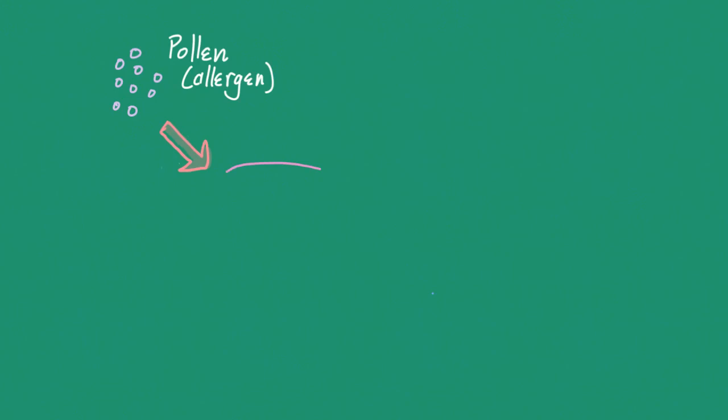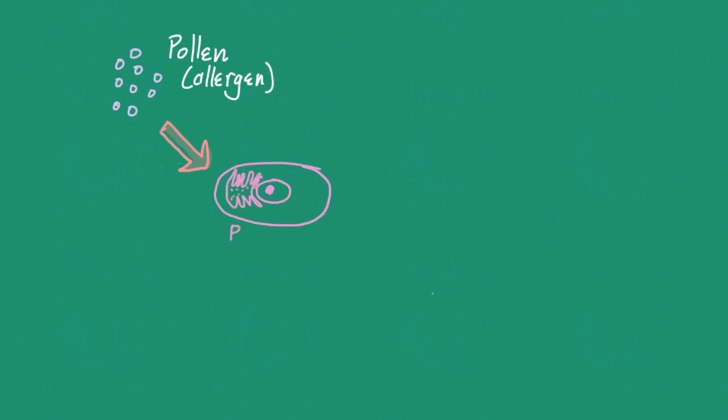Let's take a look at how an allergic reaction is formed by the immune system. So here we have the pollen, which is an allergen. When the allergen enters the bloodstream, the plasma B cells release antibodies. They go through the antibody-mediated immunity reactions and they release the antibodies.